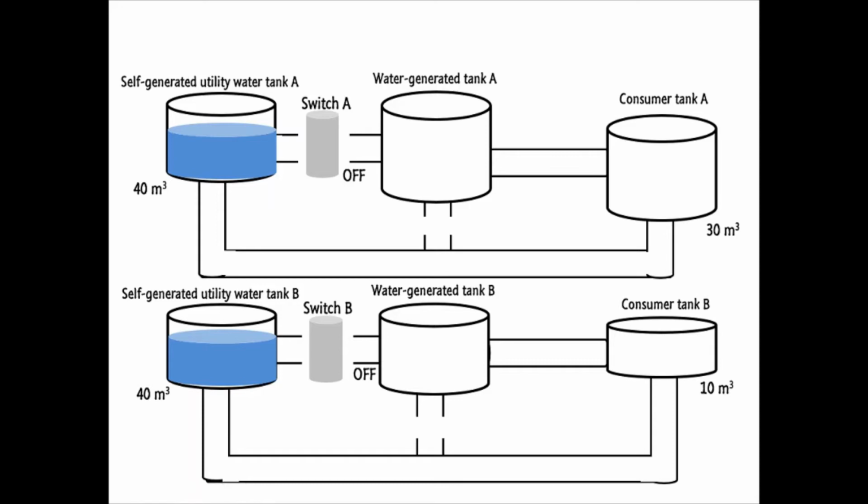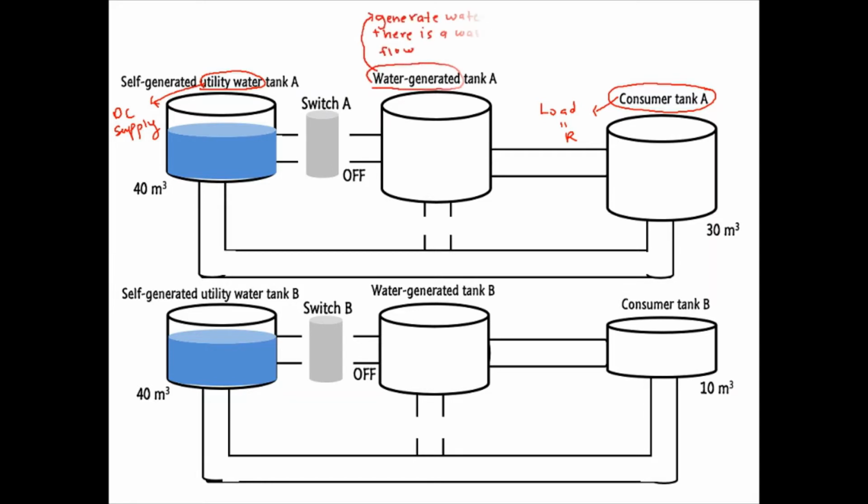I will use a water distribution system as an analogy of the operation of DC-DC converters. Based on the diagram, the self-generated utility water tank represents the input DC source of the converter's circuit. Next, the consumer tank represents the DC load, which is a resistor in the circuit.